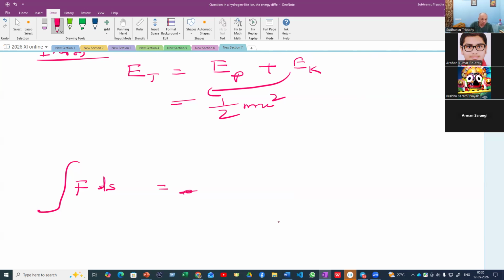So this force is the coulombic force, 1 by 4 pi epsilon. I'm not putting the minus sign.